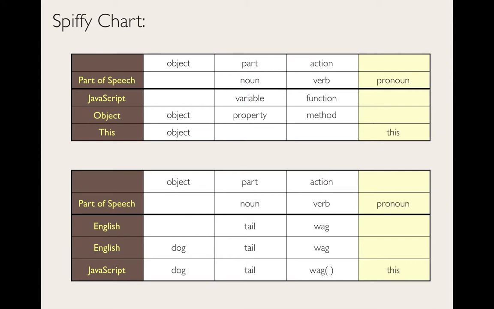So if you have nouns and verbs and pronouns, in English you might have a tail wagging, or with an object that they're attached to, a dog's tail wagging. And you can substitute the whole kit and caboodle, dog, tail, wag, with a pronoun, this.